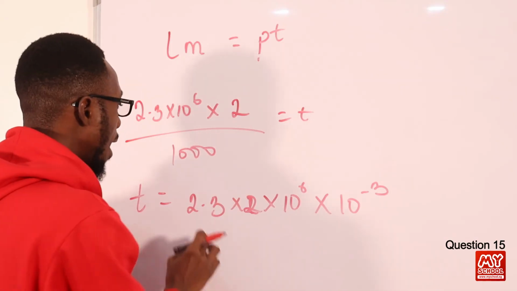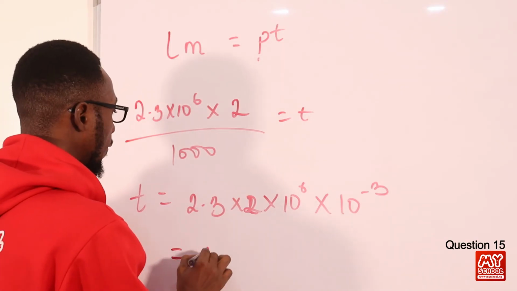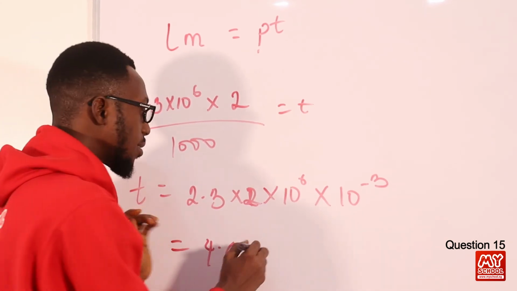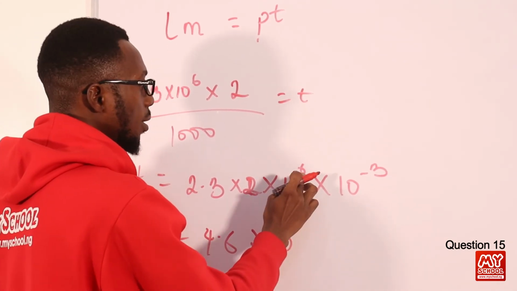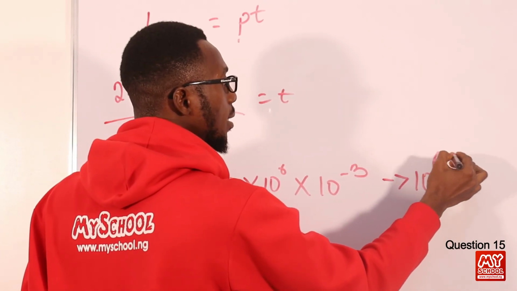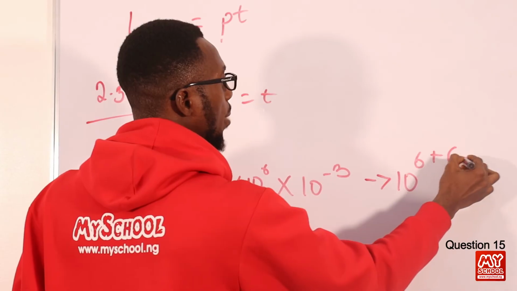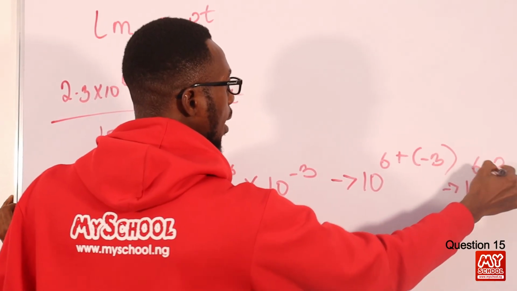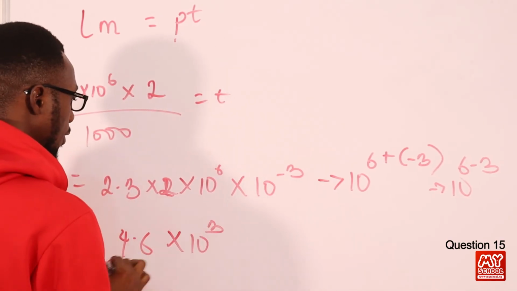So I have 2.3 times 2, that is 4.6. 2 times 3 is 6, 2 times 2 is 4. So that will be 10 raised to the power 6 plus, in brackets, minus 3. That is 10 raised to the power 6 minus 3. At the end of the day, I have 10 raised to the power 3.